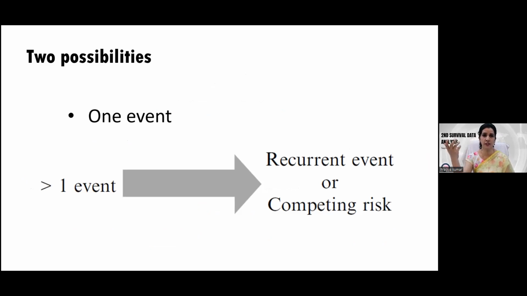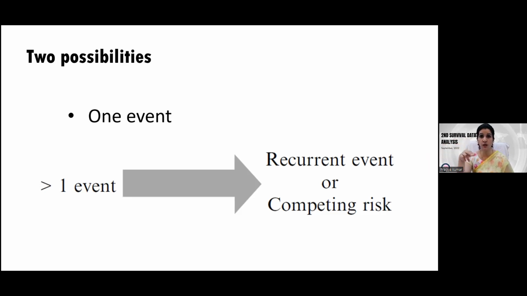In many situations, there can be more than one event, or there can be a recurrent event. Like if you are taking the event as death in a patient, death due to, suppose, myocardial infarction, the patient may die because of some other disease also. There also there is a death.